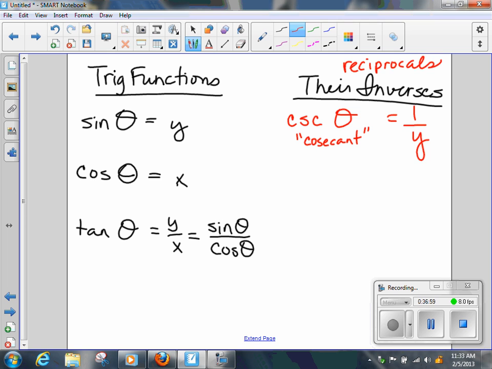The inverse of cosine is SEC. That's called secant. And it's going to be 1 over who? X. It's just the reciprocal of cosine. The inverse of tangent is the easiest one, but you'll never get it.